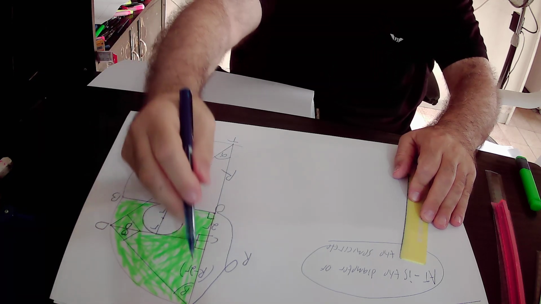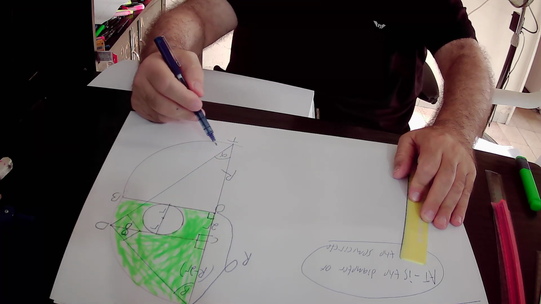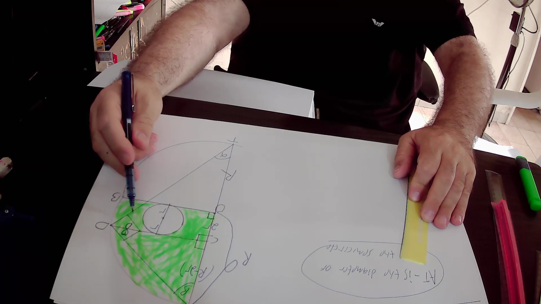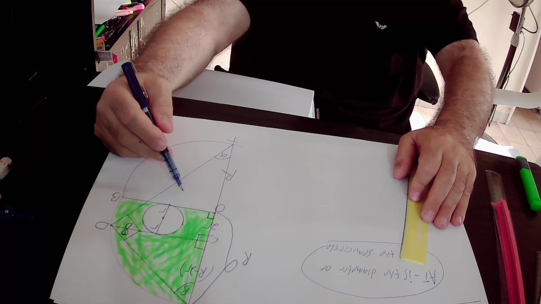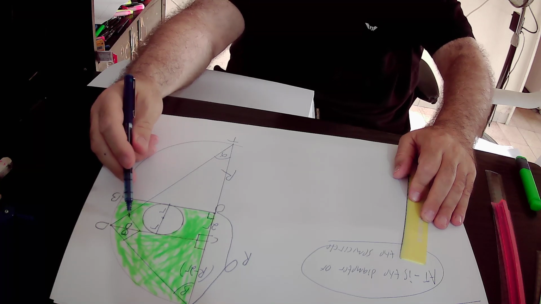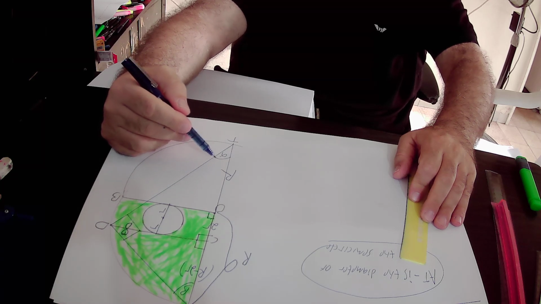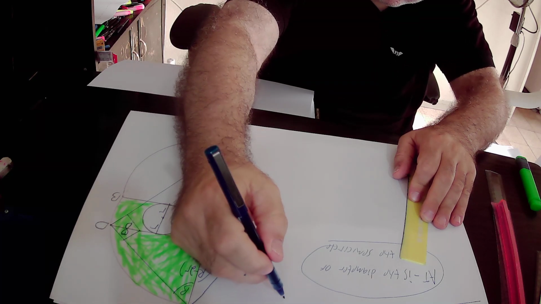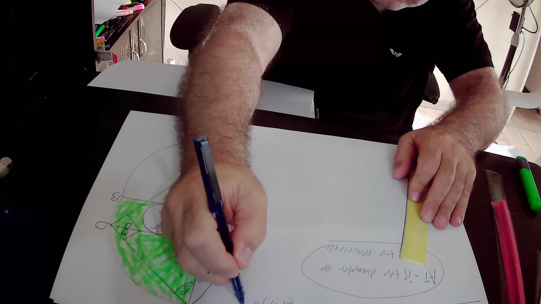We'll focus on the right triangle, triangle ADT. On the right triangle, triangle ADT, this angle equals 90 degrees. Therefore, the sum of the other two angles must also equal 90 degrees because the sum of the angles in any triangle is 180 degrees. So if this angle equals 90 degrees, the sum of the other two angles, that is to say alpha plus beta, must be equal to 90 degrees also. So here alpha plus beta equals 90 degrees.